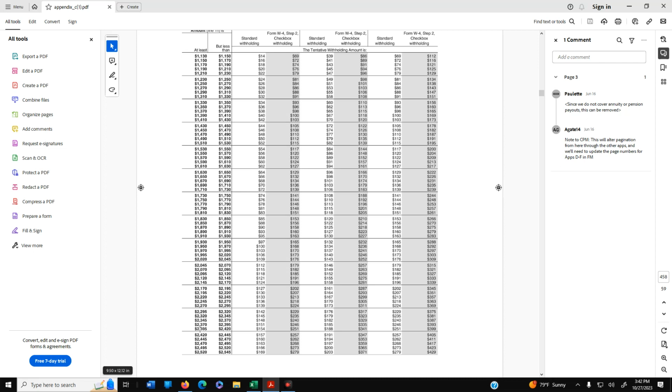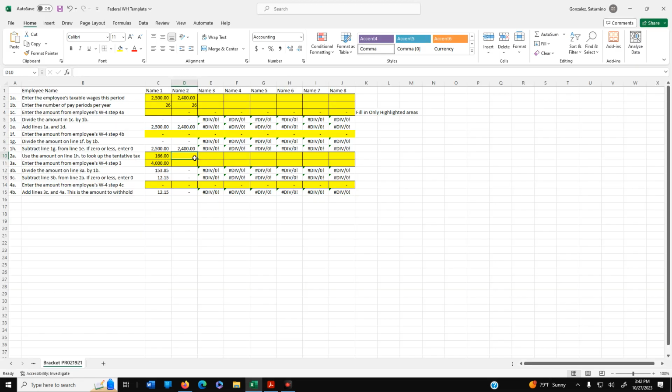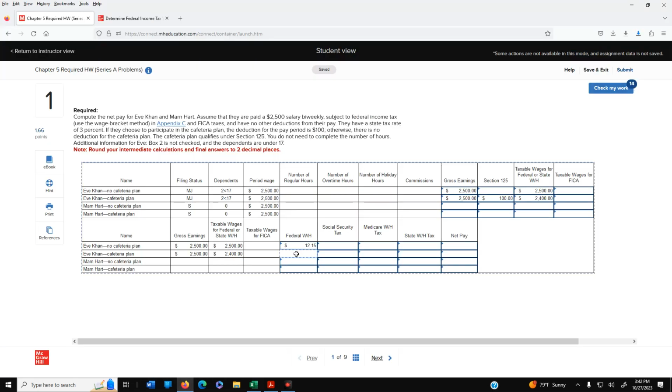I think it's right here, 2,400. 23.95 to 24.20, and it gives us 154. So we're going to put in here 154. We also know that it's 4,000. So the amount that we're going to deduct for federal income tax is 15 cents. Okay, and so we're going to go back over here and put 15, and it should check out.